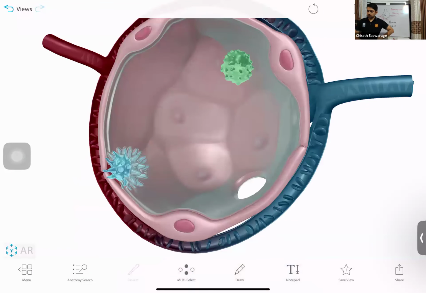If we take a cross section, inside of an alveolus is like this.